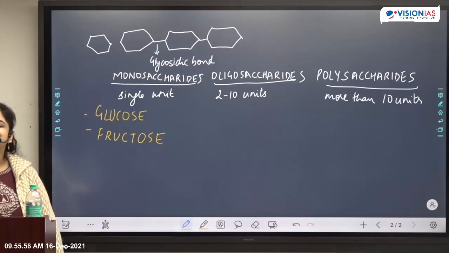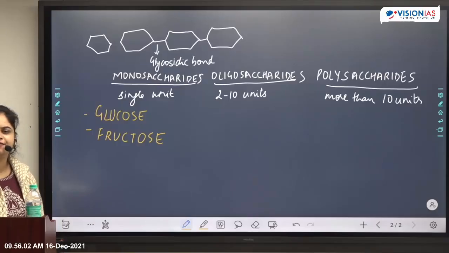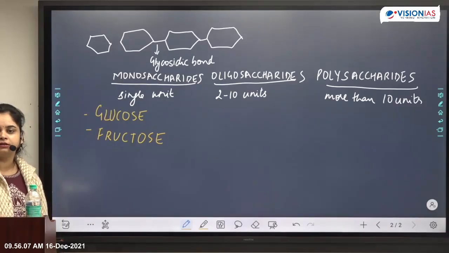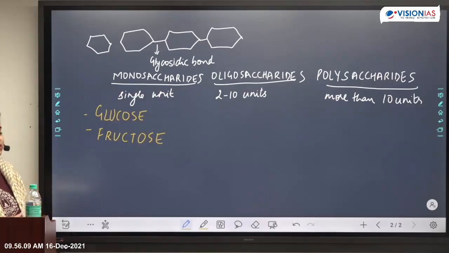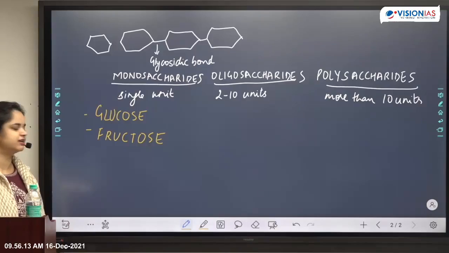Now it was first identified from fruits, that's why we have this name, but otherwise it can be found in other things also, like honey. The honey has many different types of carbohydrates, but most predominantly it contains fructose.